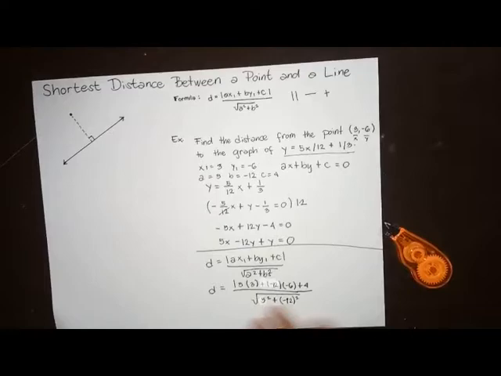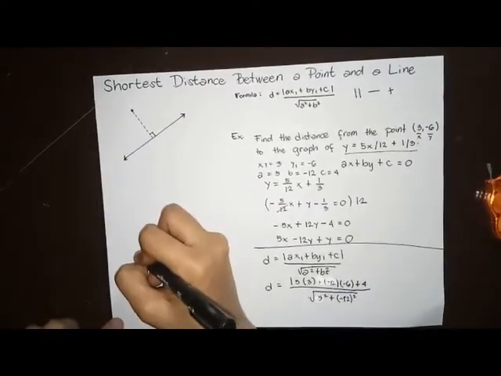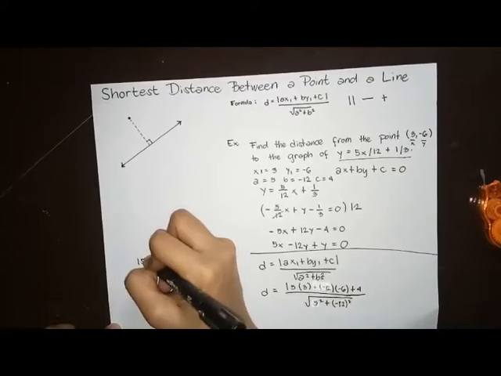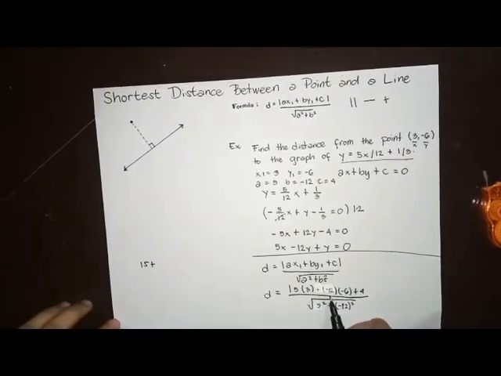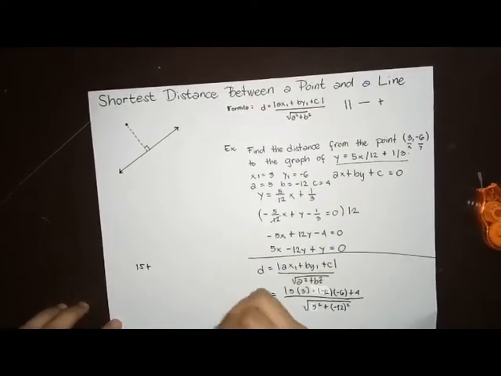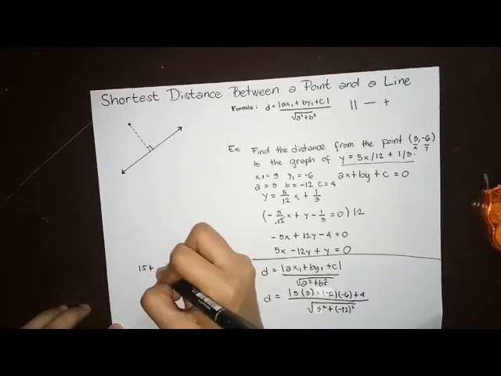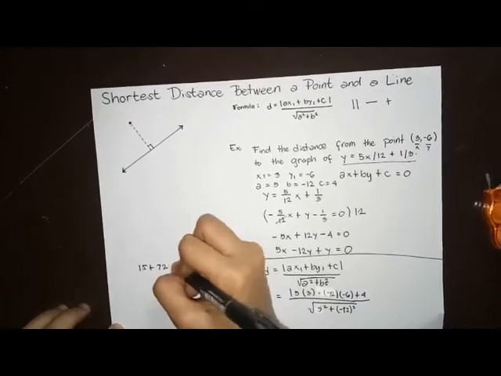So now let's do the math. 5 times 3 is equal to 15, plus negative 12 times negative 6, which is equal to positive 72, and plus 4.